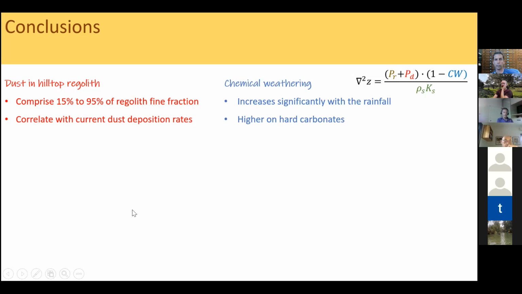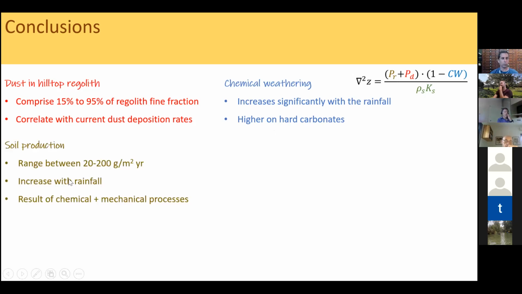Chemical weathering, we see that it increases with rainfall, which makes sense to us. And we see that chemical weathering is higher on hard carbonates, which we also think has to do with the permeability of the rock and the ability of washing the soil into the rock.